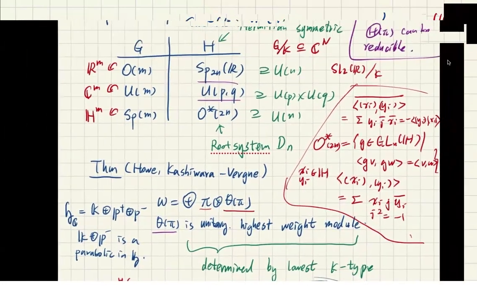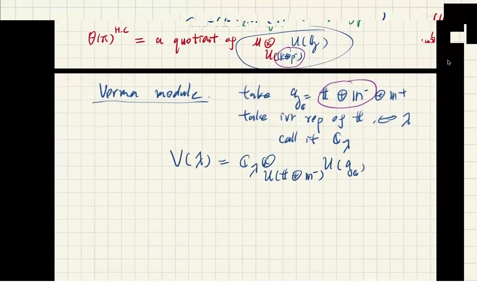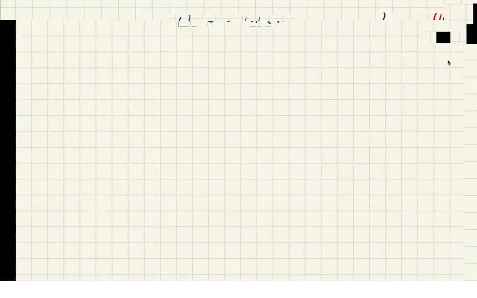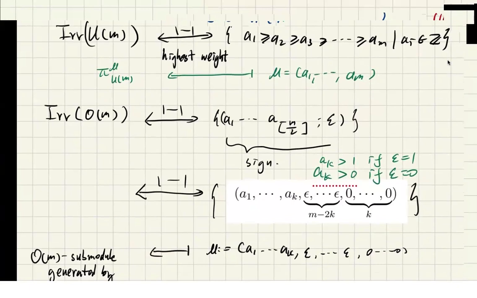You may wonder why I spent so much time on the compact dual pair, because this is the basic thing. And all other results for the Archimedean field are related to this compact dual pair.